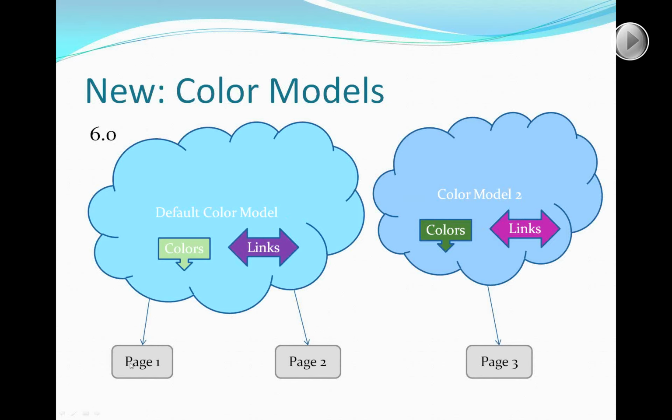When I go to page 1 in my project, the colors specified here, the colors and links, will render the color specified by the default color model. If I then tab over to page 2, I will see the same colors because they share the same color model. If I then tab over to page 3, then my project page will change and show the colors defined by color model 2.